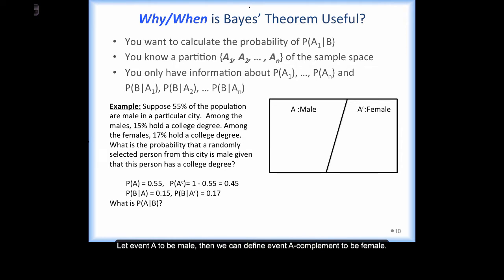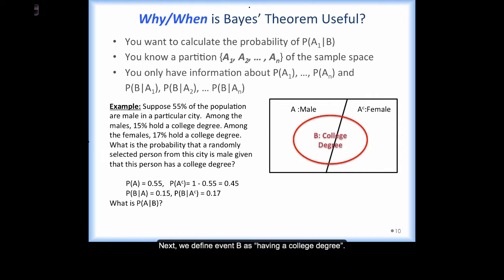Then we can define event A complement to be female. Next, we define event B as having a college degree. Then we can see that we have the probability of A, the probability of A complement, the conditional probabilities of B given A, and B given A complement.